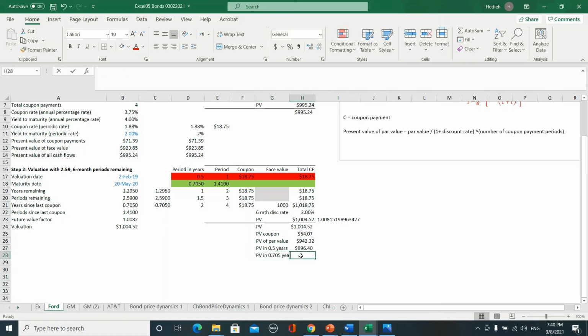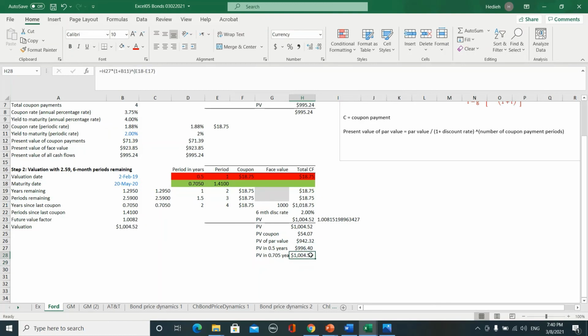So in order to do that, you should use the formula for future value to bring this cash flow of $996 from period 1 to period 1.41 of 6-month periods. So multiply this cash flow with 1 plus your discount rate of 2% to the power of how many periods you want to move it forward. You want to move it forward by 1.41 minus 1. And then you click enter.